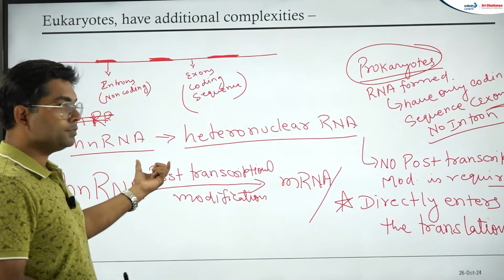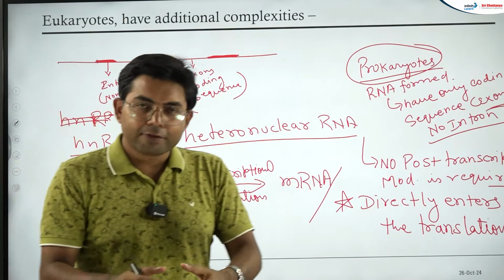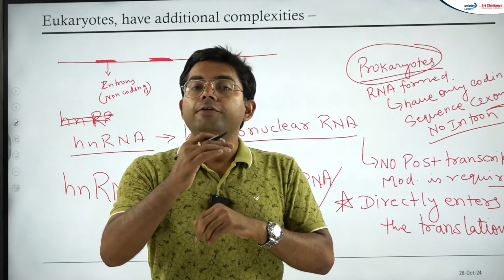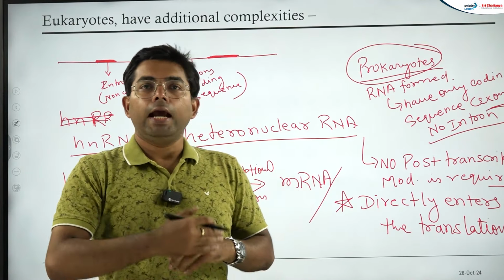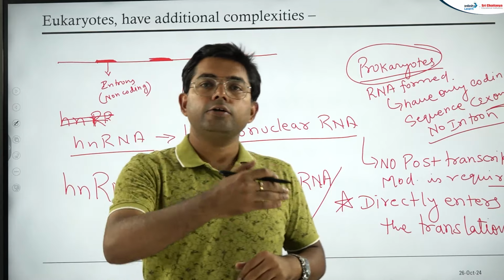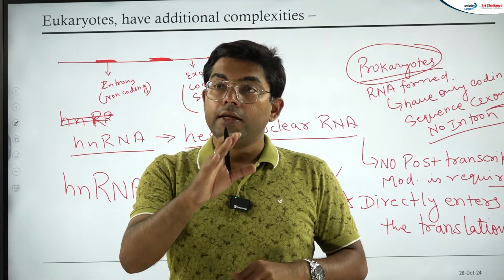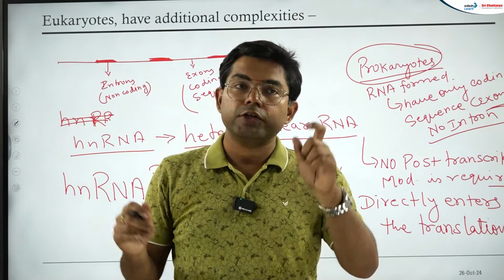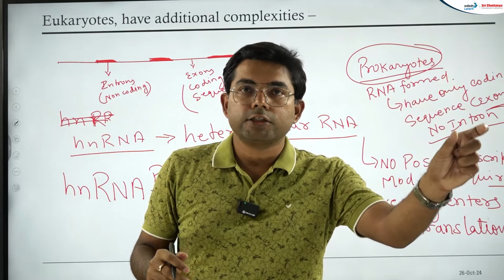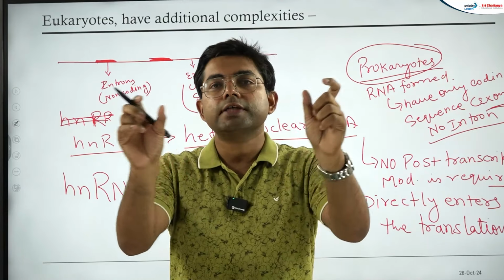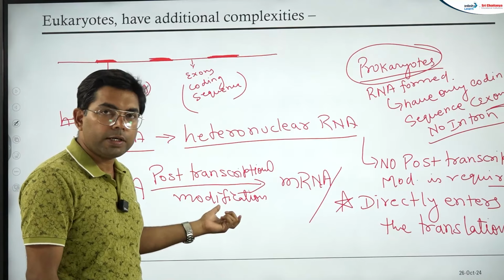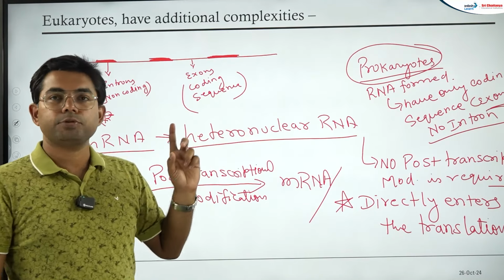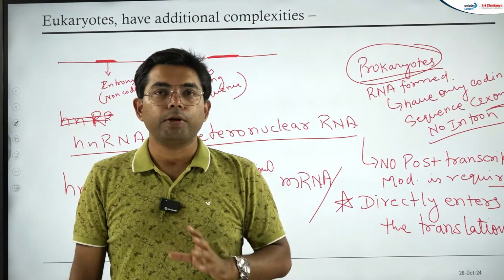Whereas in eukaryotes, non-coding sequence is also there, so it will undergo post-transcriptional modification and will not directly enter translation. In bacteria, transcription and translation go side by side, whereas in eukaryotes first the transcription is completed and only then can translation take place.